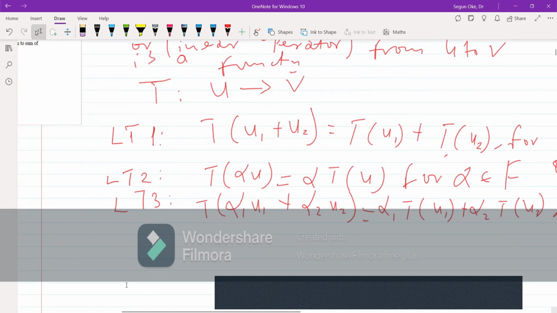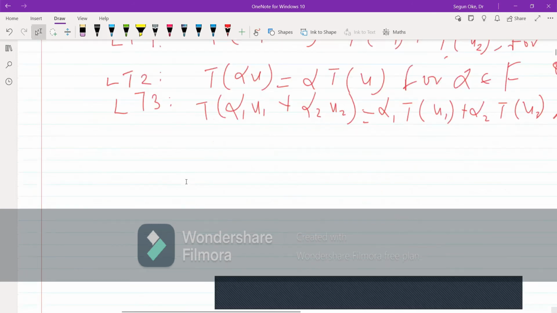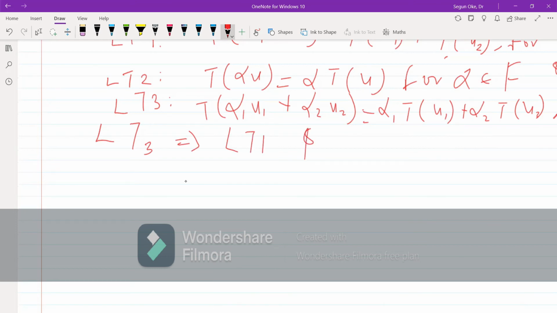Let me just give us a hint. We will show that LT3 implies LT1, and LT3 also implies LT2.